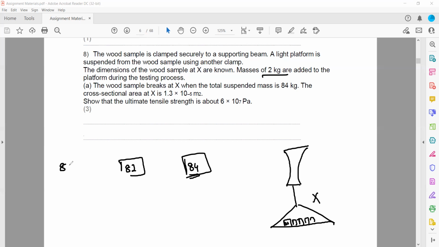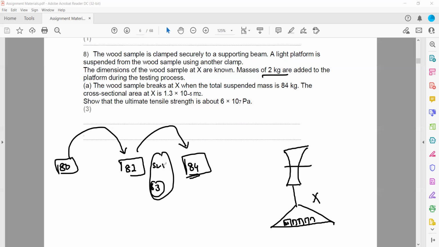So first we add till 80, then when we add 2 kg it will be 82, and then after that it will be 84. When we add 84, we find that the sample breaks, so we get the weight from the mass, and using the weight, we get the force. But maybe the mass of 84 was not responsible for breaking. Maybe the sample might break at 82.1, or even at 83.